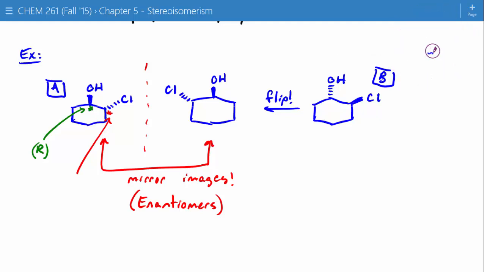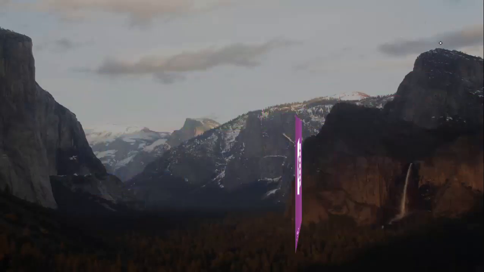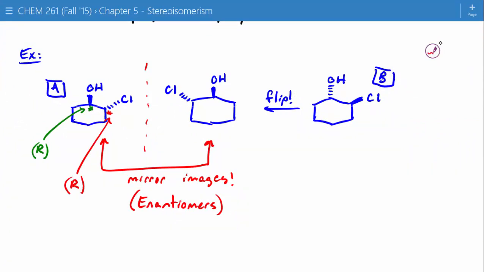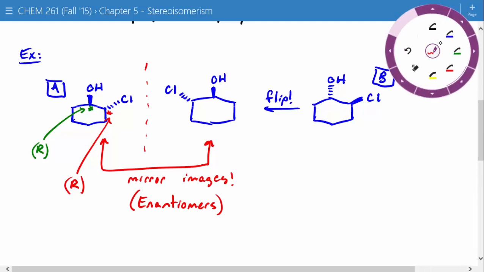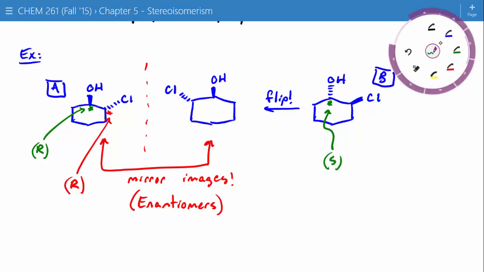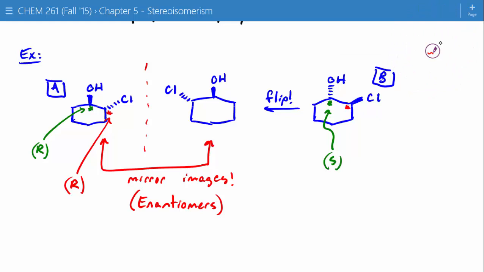Do the same thing with compound B. Compound B, what's this stereochemistry? Is it going to be R or S? S. What about over here? What's the stereochemistry over here?